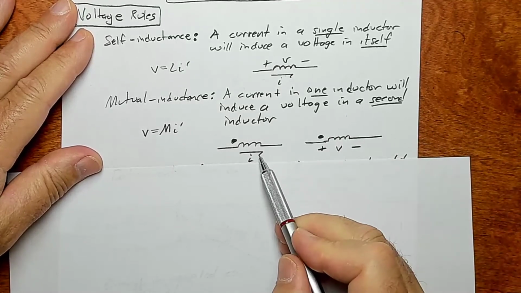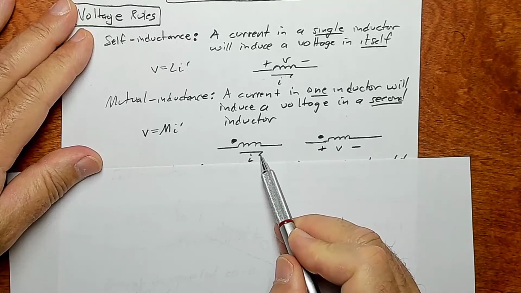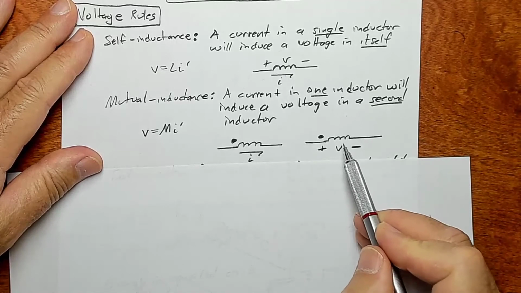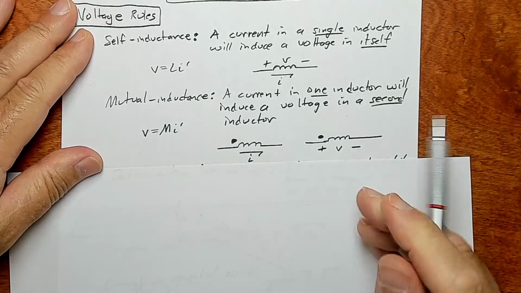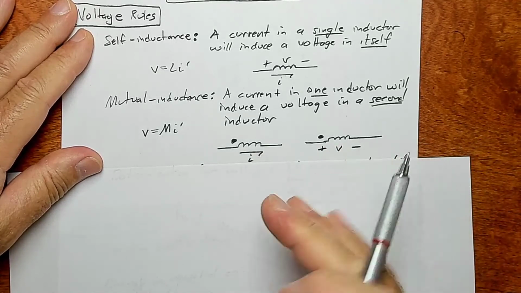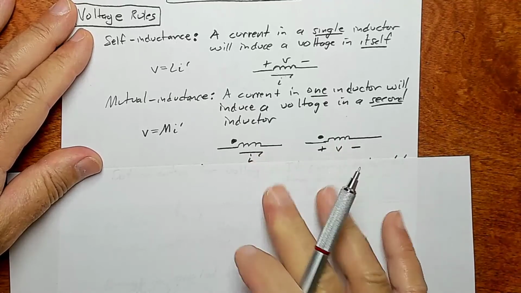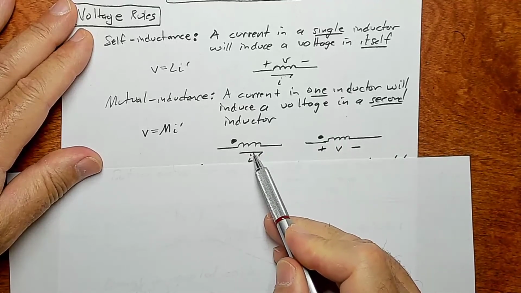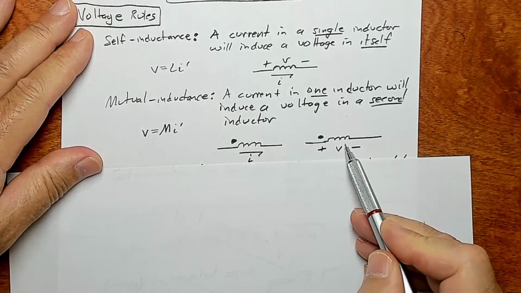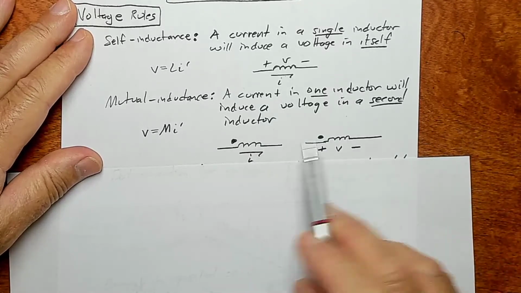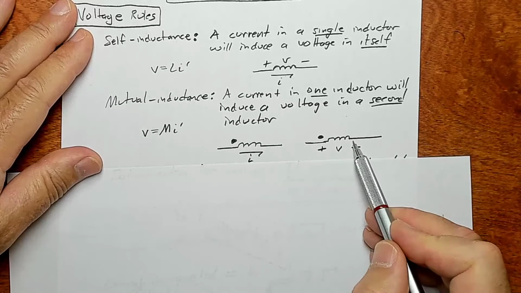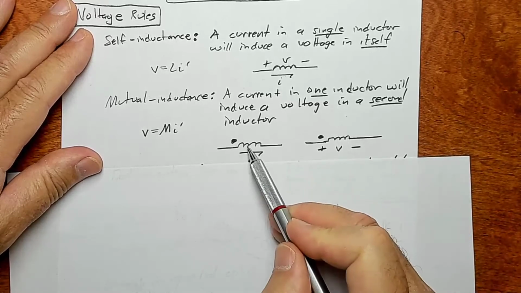If you have a current in one inductor, it will induce a voltage in another inductor, and vice versa. But I'm only showing one side of that right now. The current in this inductor is inducing a voltage in this one over here, but the opposite will be happening as well: there'll be a current in here, and it'll induce a voltage back in here.